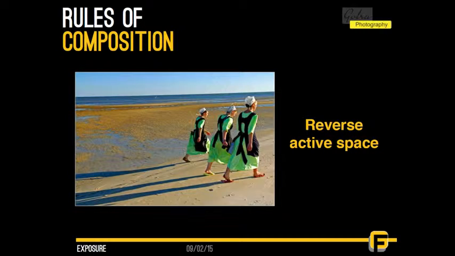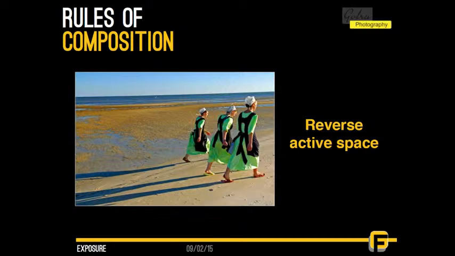Okay, reverse active space. Now, how should your space be? Whenever you add space, you add it in front of the person, not at the back of the person. But this photographer added the space at the back of the person, and still it creates a nice effect.